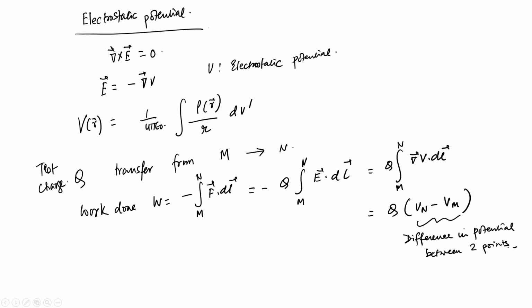Okay. So, this is the physical meaning of the electrostatic potential, which is nothing but the change in the potential energy, or difference in potential energy, between 2 points.